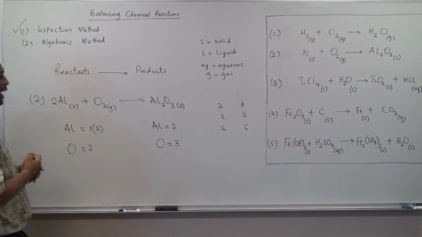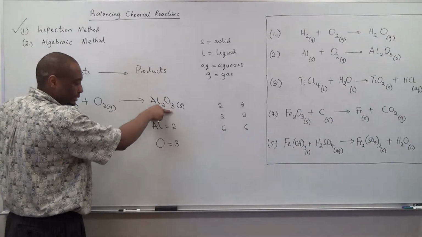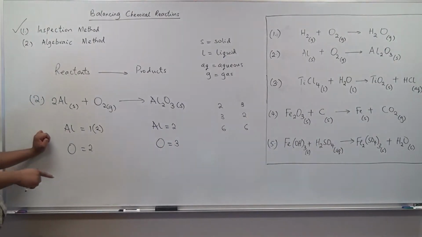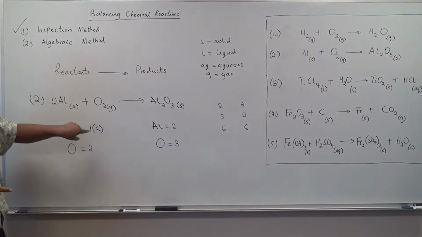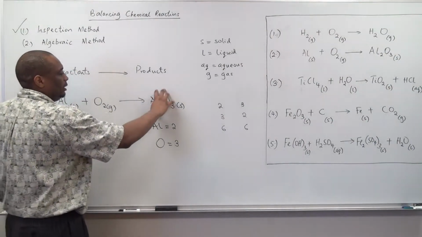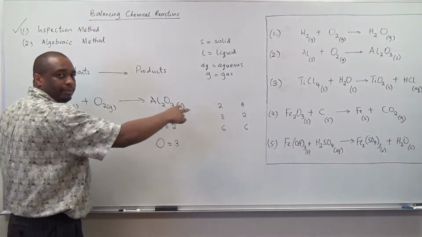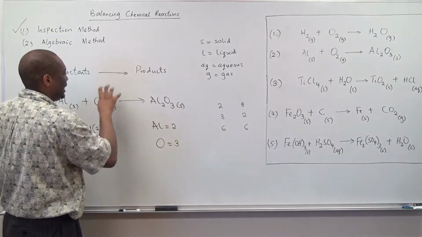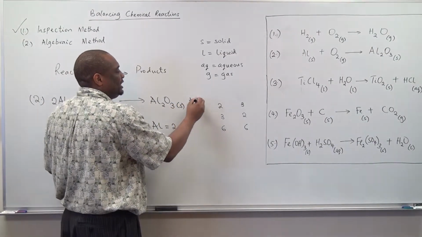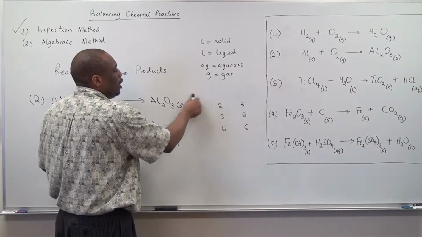So what we have to do is multiply this by 2 for the oxygen, and then multiply this by 3, for the oxygen here. As you can see, oxygen is intact here and also intact here. We don't have oxygen split up here. It's just single, intact. So we can easily do that. Now, if we have another element that has oxygen, for instance, then we might need to use the algebraic method.